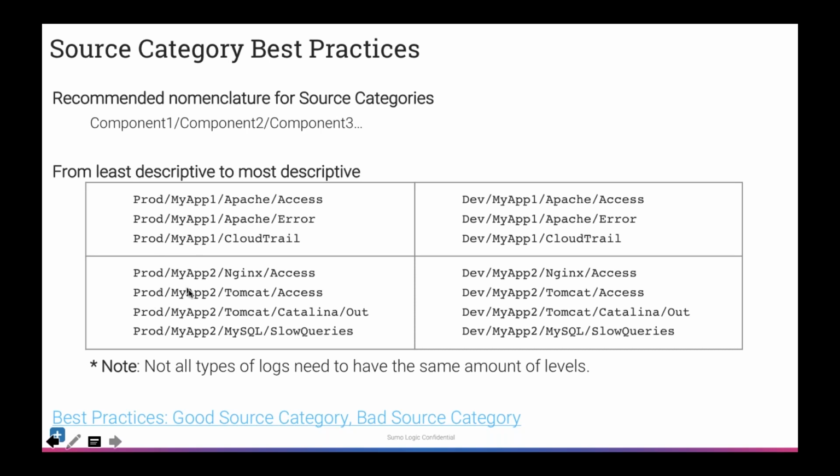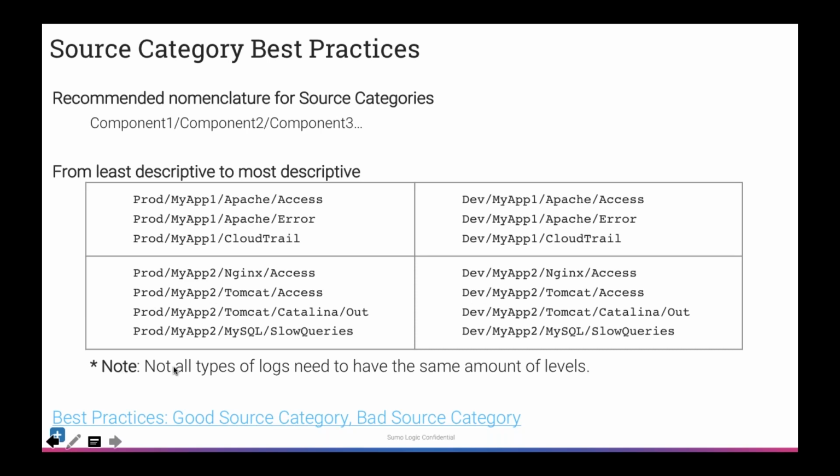Similar to that one, you could have prod my app2 Nginx access, prod my app2 Tomcat Catalina. So you notice how you could have these slashes, in this case, broken by app. Notice that initially it's broken by prod because we're assuming that you probably have some dev data in there as well. So you can then say dev / and then the same as you had in here.